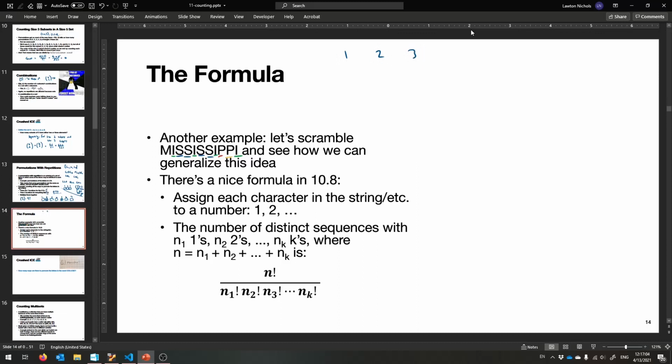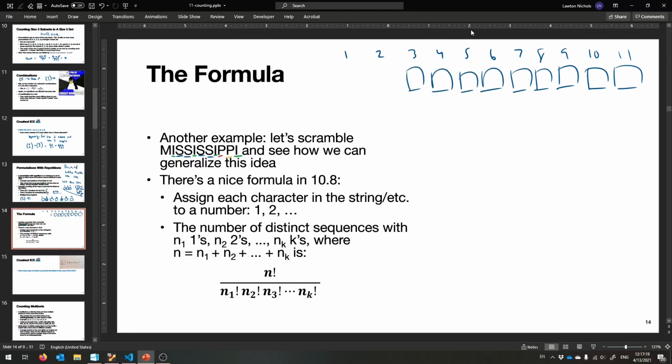Okay, so the idea is, again, we have 11 spots to fill. We need to figure out all the ways that we can fill them. They all get to hold a character. And now we need to figure out which things to put where.